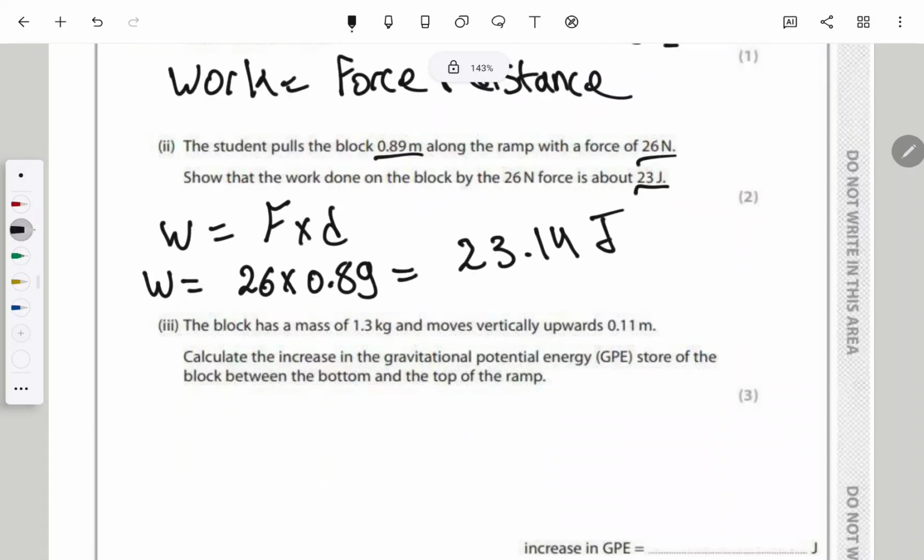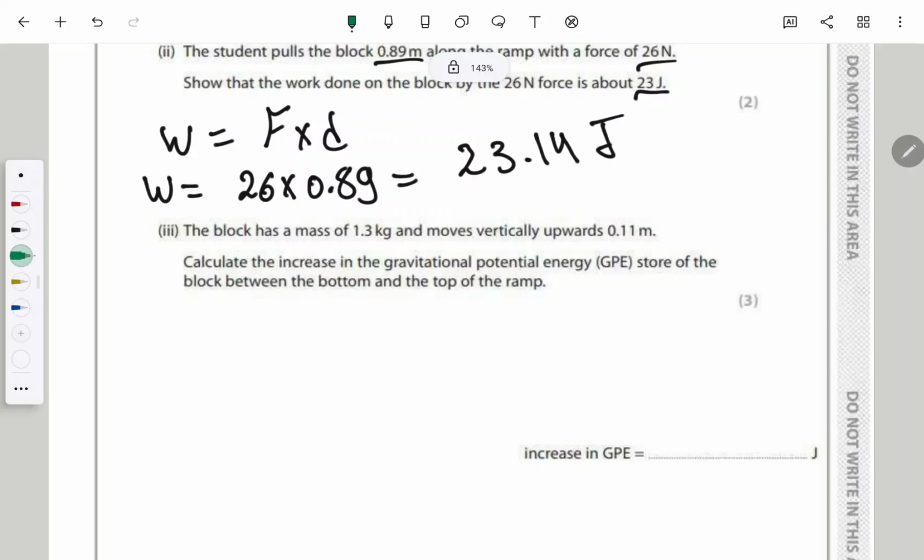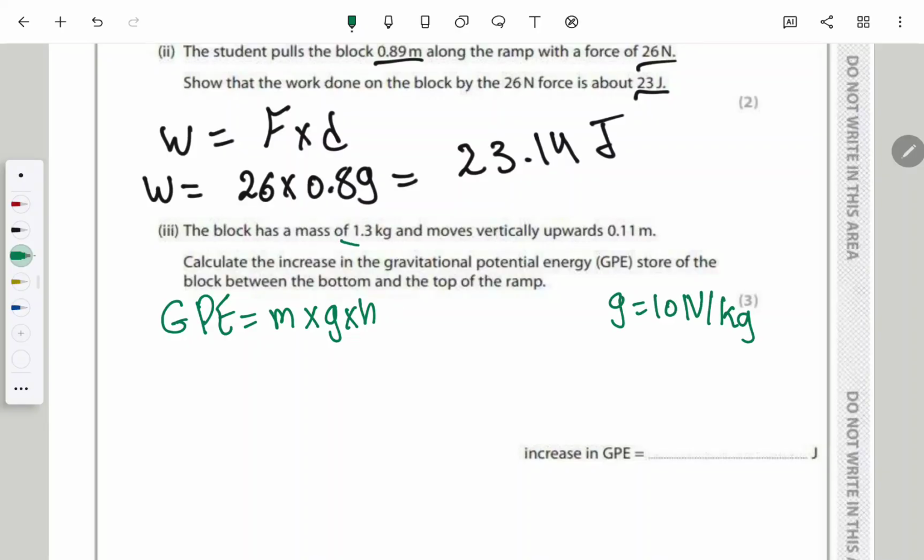The block has the mass of 1.3 kilograms and moves vertically upwards 0.11 meters. Calculate the increase in the gravitational potential energy store. The formula for gravitational potential energy: GPE equals mass times gravity times height. Gravity is always 10. The mass is 1.3. The height is 0.11.